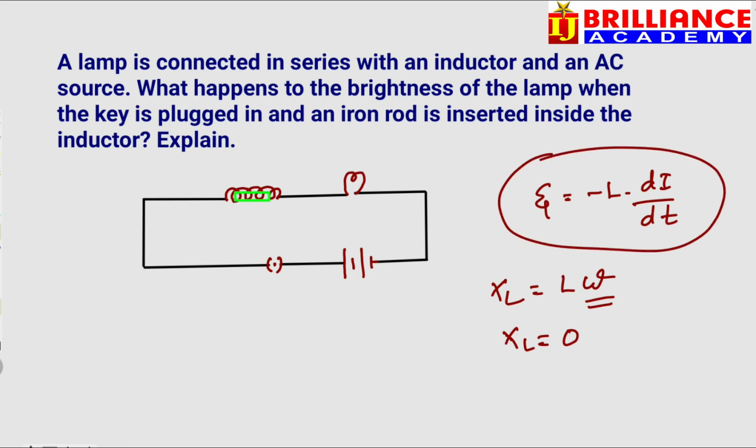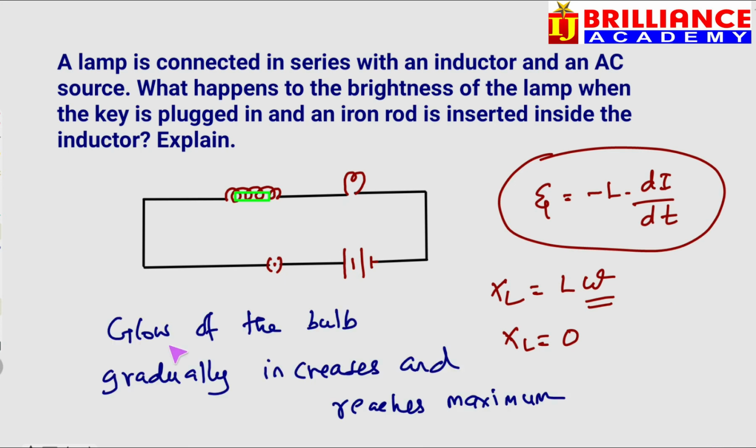Only for a while, the current gradually increases. Initially it has a lower value, gradually the current increases, then it attains a maximum, so the bulb will glow with maximum brightness. I have written here also, the glow of the bulb gradually increases. Because of the back EMF, initially it is low, then it gradually increases and reaches the maximum.